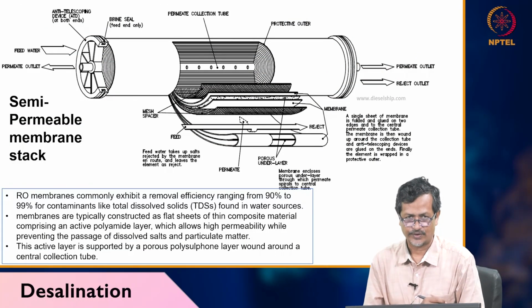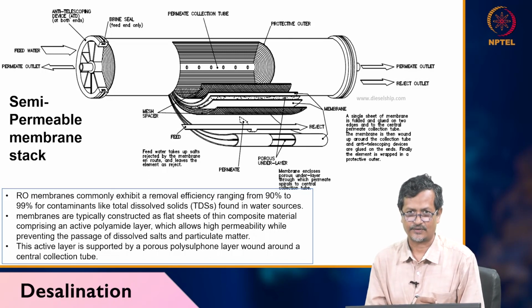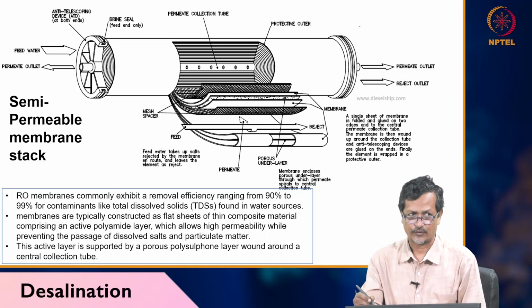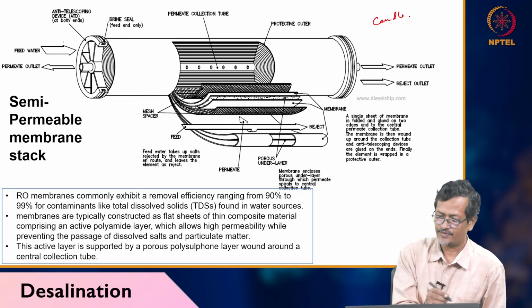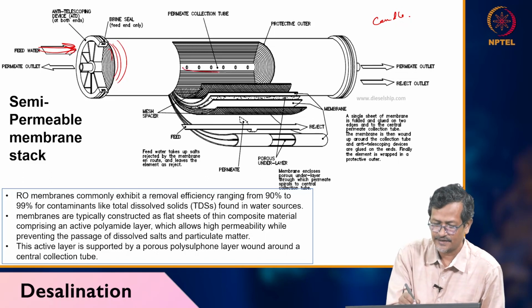Here is one picture of a semi-permeable membrane, or candle, as you can say in a domestic water purifier, AquaGuard, or many other companies. They will be saying candle. Candle means you are giving feed water, and feed water will be going through all these layers. Then inside here you can see lots of holes.